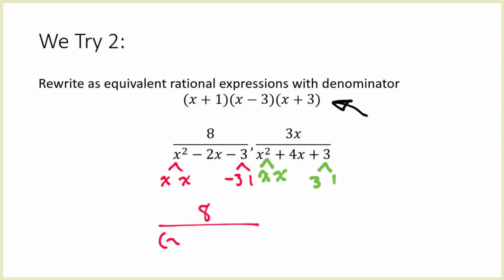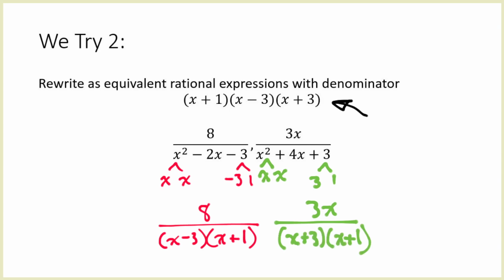So this will be x minus 3, x plus 1 on the bottom. And this one will be x plus 3, x plus 1 on the bottom. Remember, I want to get these eventually to x plus 1 times x minus 3 times x plus 3.